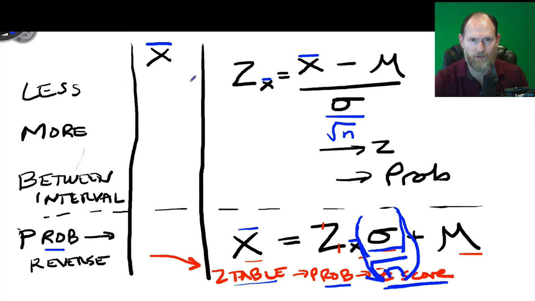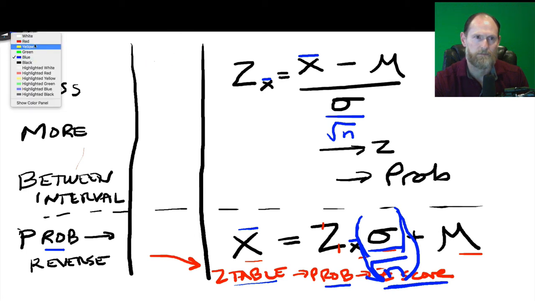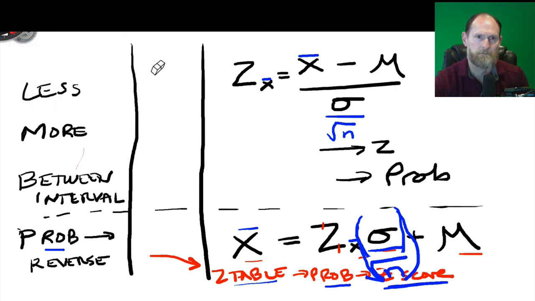And then the third set is how we work with sample proportions. So here we're going to have P, sample proportion. And we have more than a few changes.